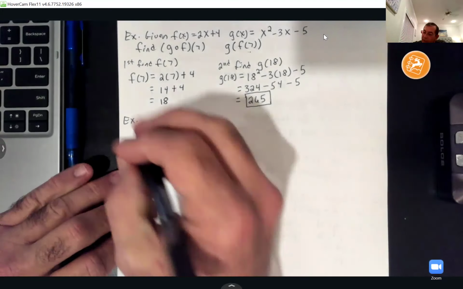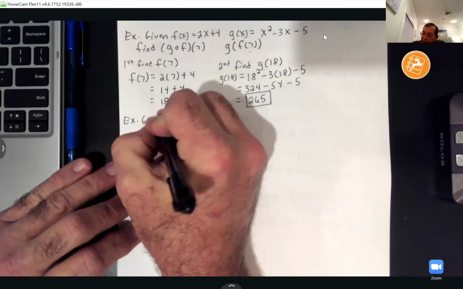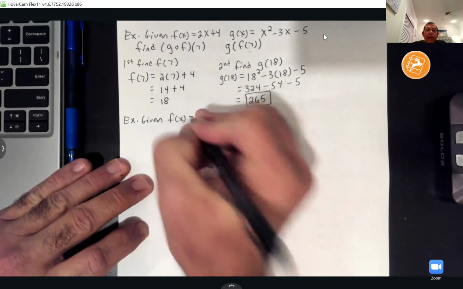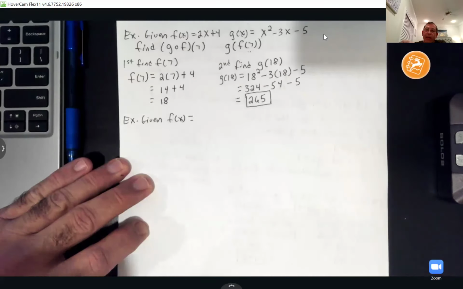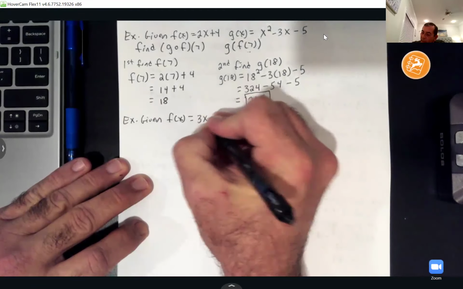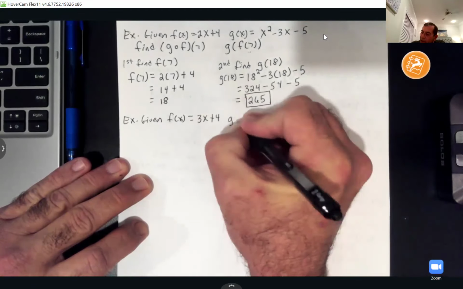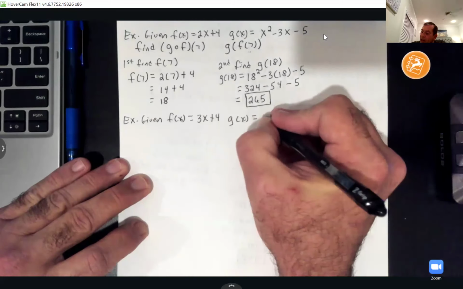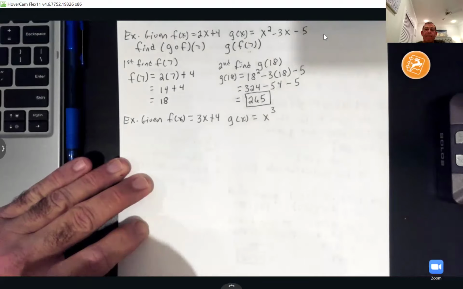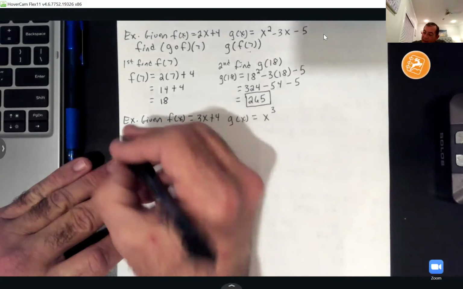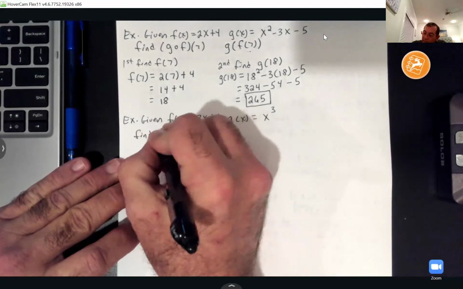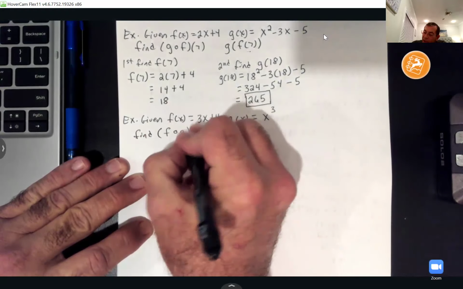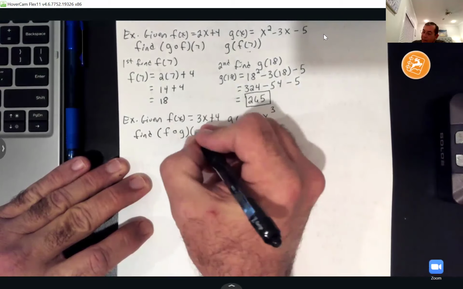So for this one, we're going to be given F of X equals 3x plus 4. G of X for this one equals x to the 3rd. They want us to find F compose G of -4.